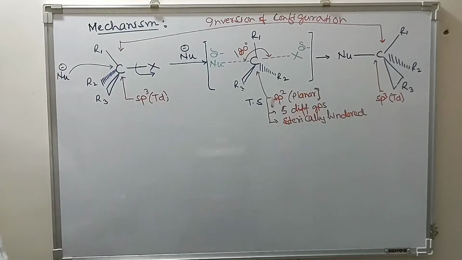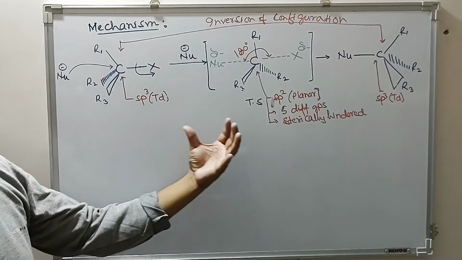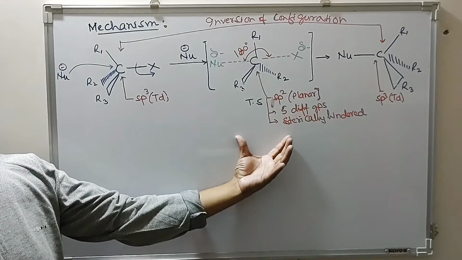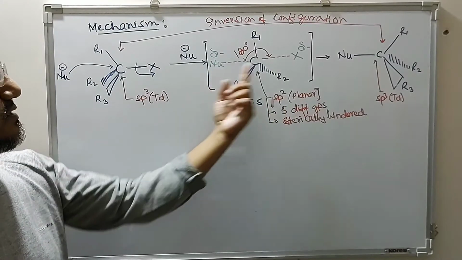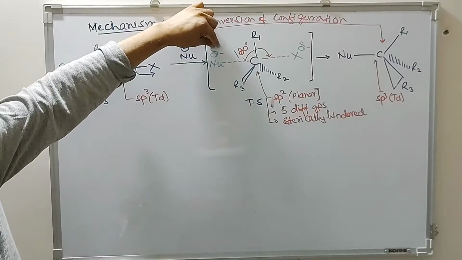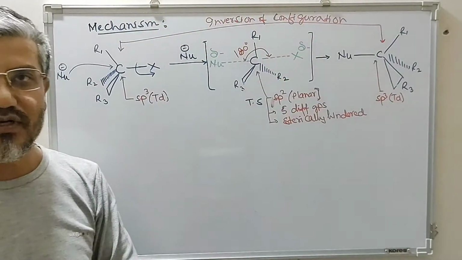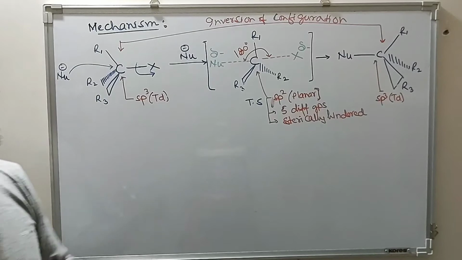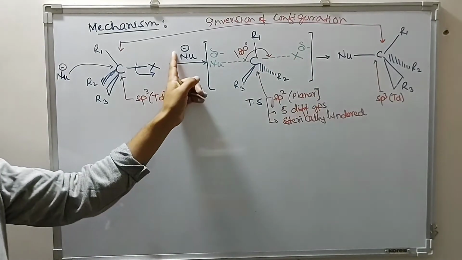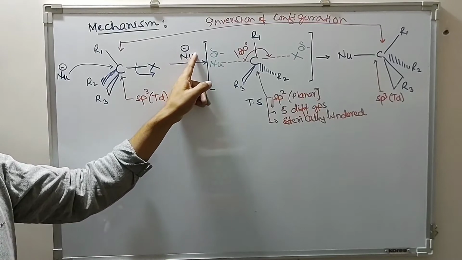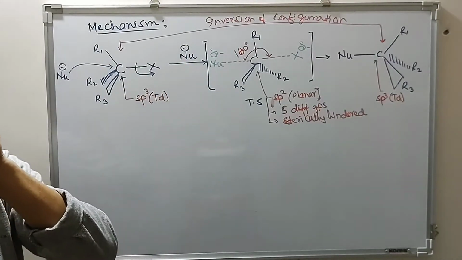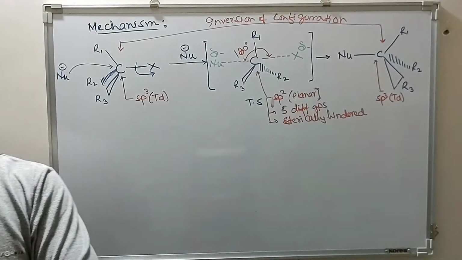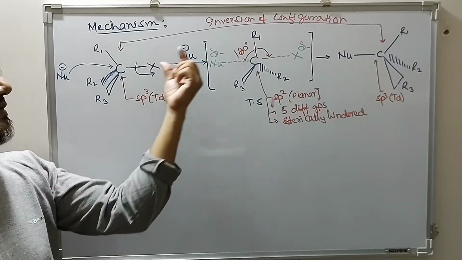Now, the next part of the reaction says, in this transition state there is a charge separation. So we have a nucleophile X minus which is negatively charged. If we use a polar protic solvent, this nucleophile will be stabilized by the proton, because the same species having a negative charge can act as a nucleophile or can act as a base. So we have this X minus.